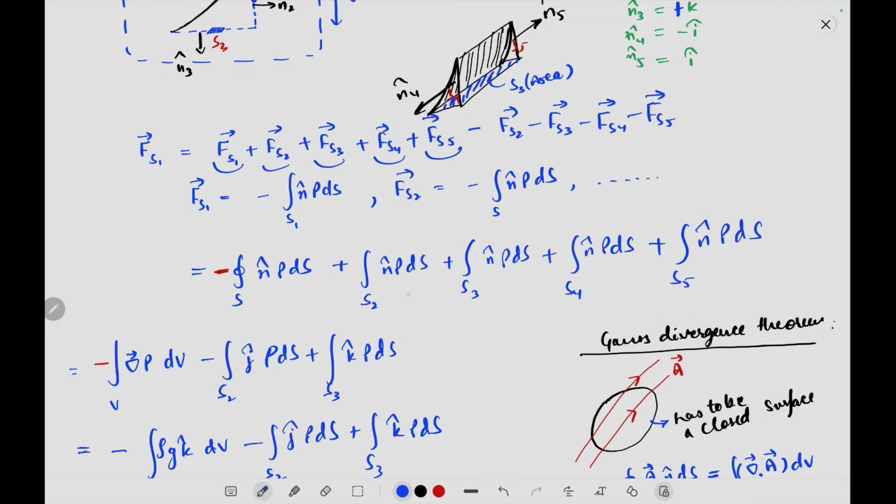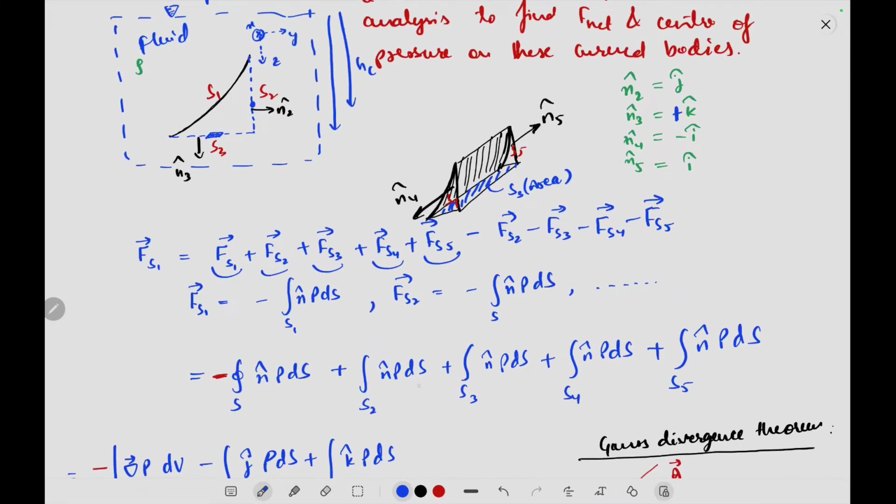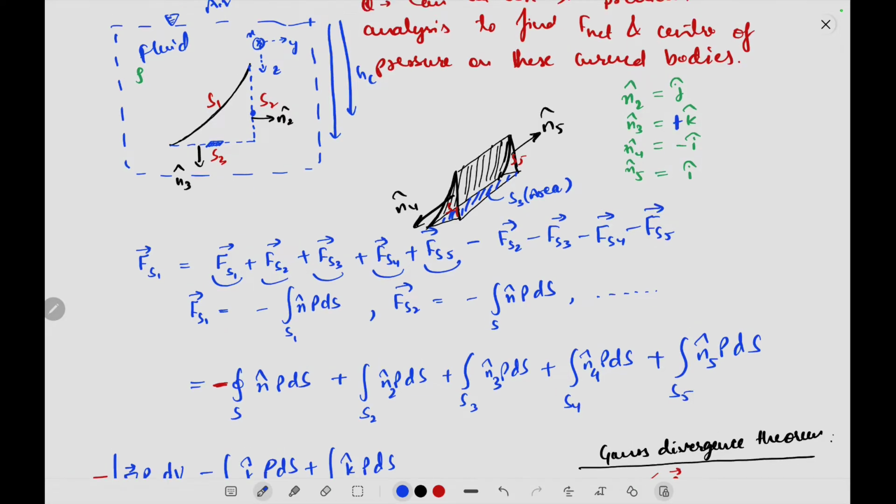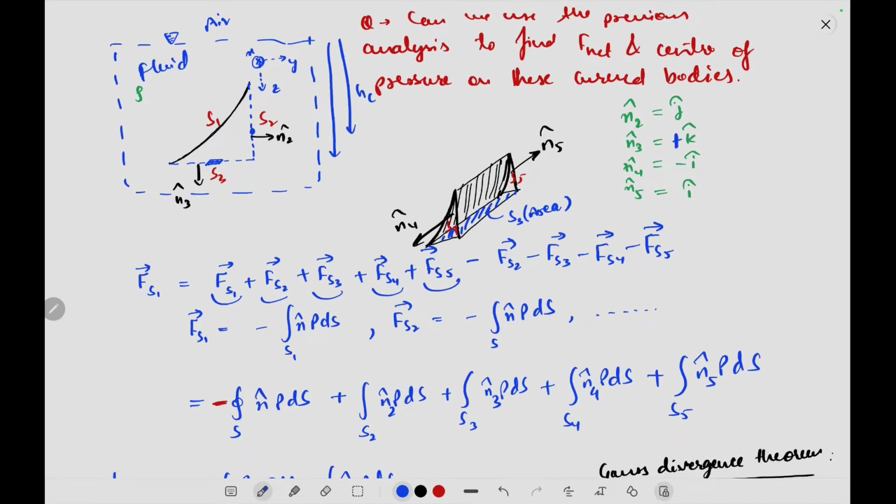Okay, and for S2 the normal vector was n2, so write n2. For S3 the normal vector was n3, this is n4, this is n5. n2 hat, let me again check whether I have written the correct vectors or not. So n2 hat is in the positive y-axis, so this is correct. n3 I just corrected it again, so n3 is actually in the positive z direction, that's why this should be plus k hat.